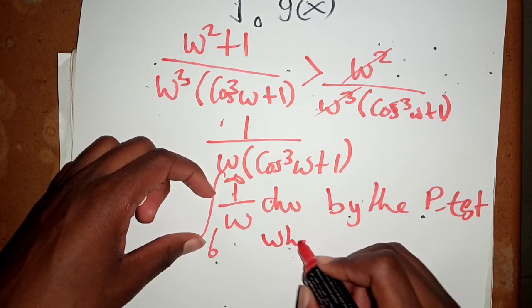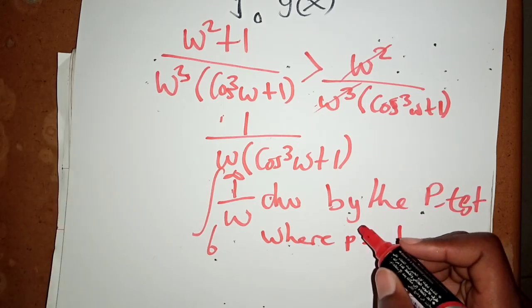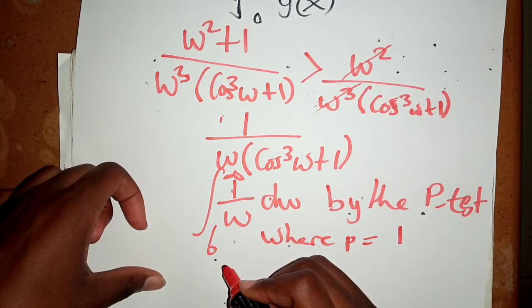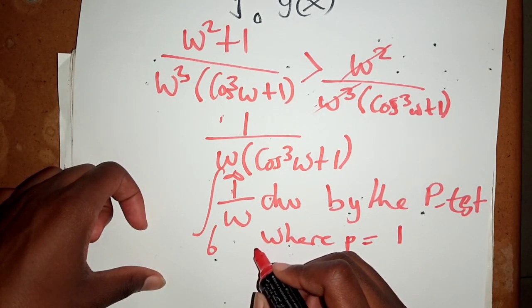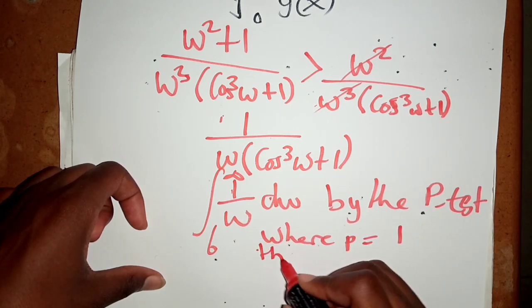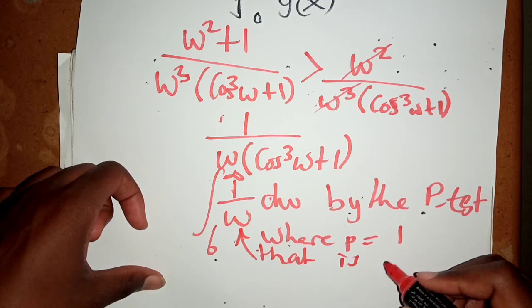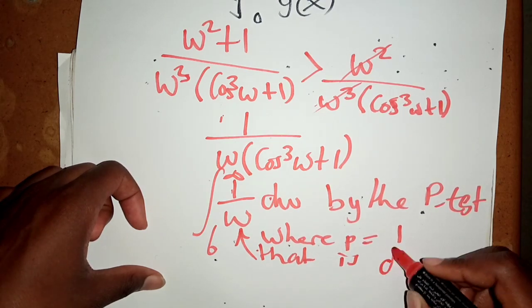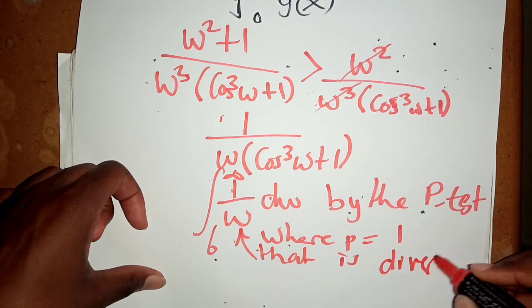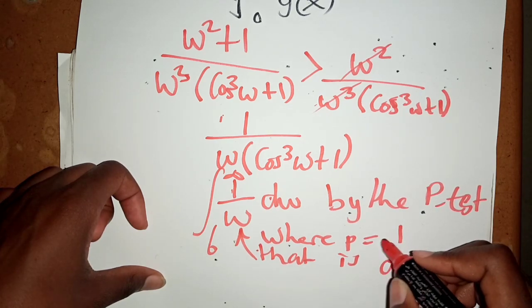So now by the p-test, where p is equal to 1, we can conclude that this integral is divergent, where p is equal to 1.